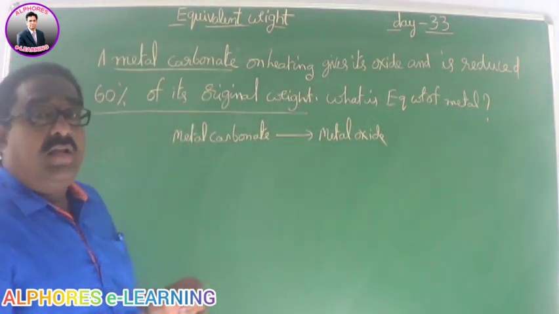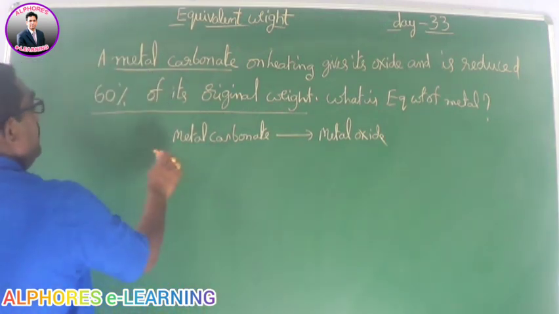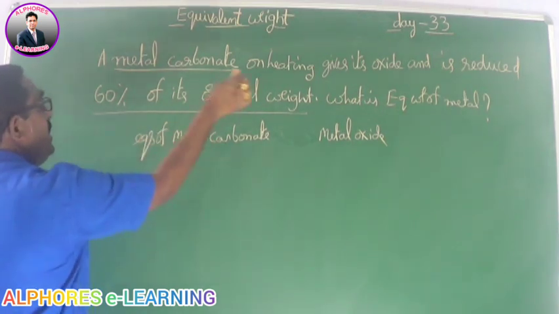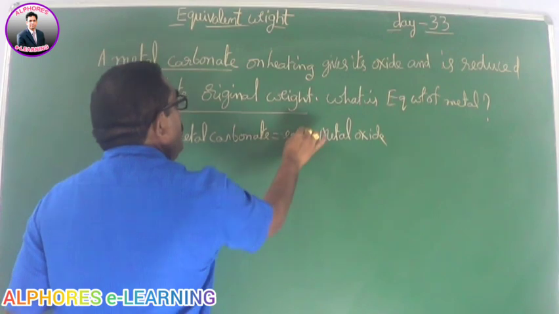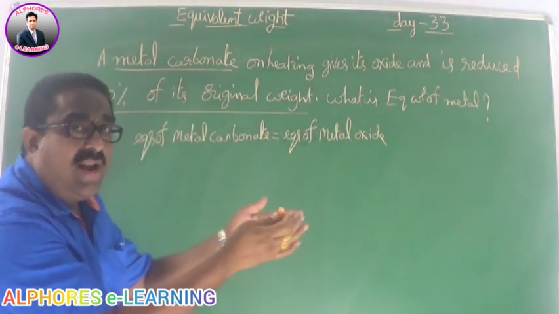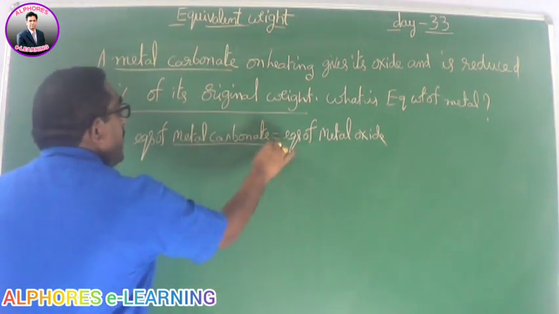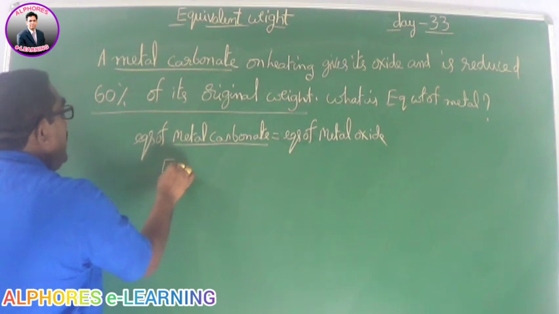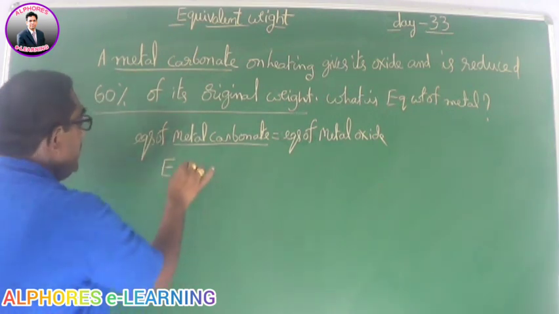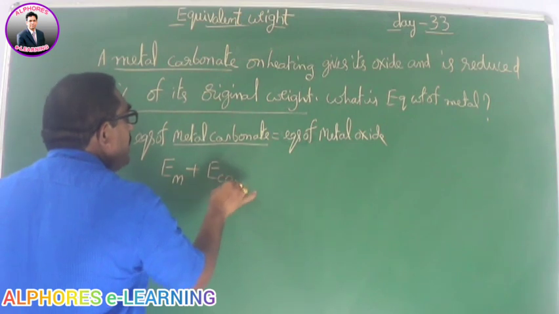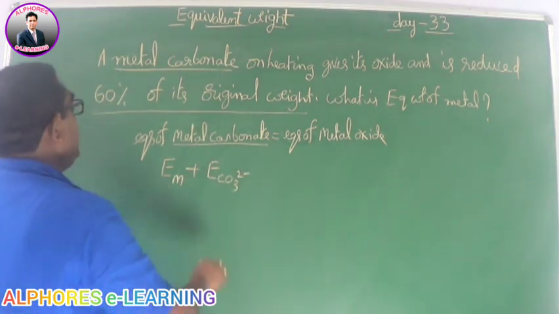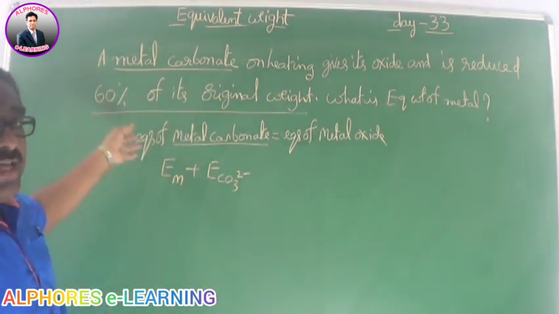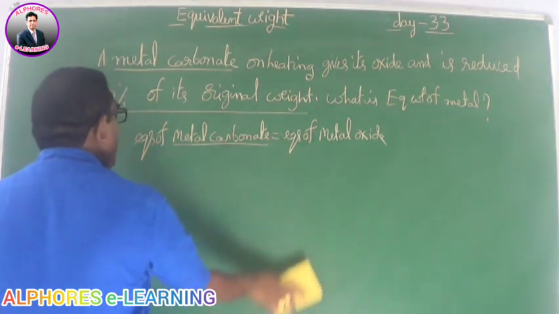Now we have to apply the principle of gram equivalence. Here I am writing in the same step itself. Write down: equivalence of metal carbonate should be equal to equivalence of metal oxide. So metal carbonate I can split into 2 halves, that is equivalent weight of metal plus equivalent weight of carbonate ion. Before going to split this, first let me write the approach, then I will split, no problem.